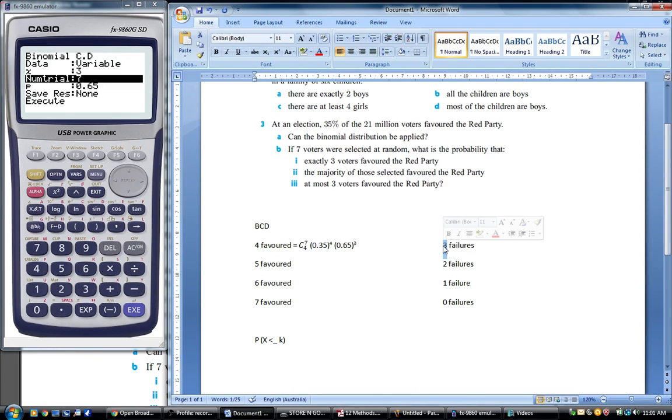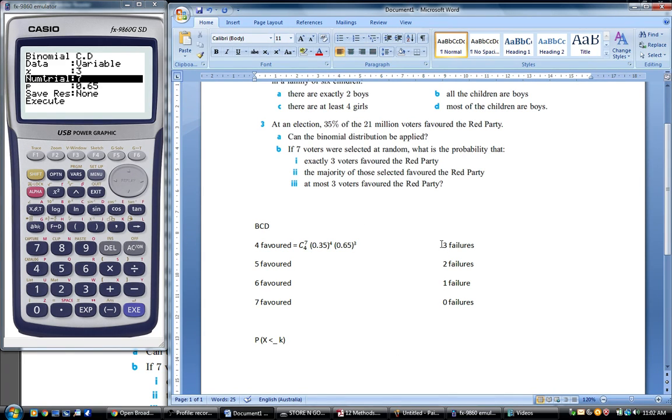In this circumstance, a failure is someone who didn't vote for the red party. We've said a success is someone who voted for the red party. The probability of a success is 35% or 0.35, which means the probability of a failure is 65% or 0.65. So we're saying, what's the probability that there is less than or equal to 3 failures? That caters for the circumstance where there are 4, 5, 6 or 7 people voting for the red party.